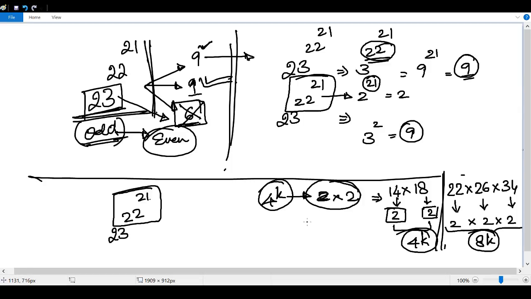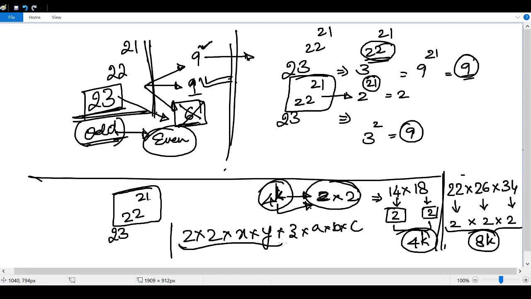So for me to know that a multiple of 4 comes only because of a 2 and a 2, no matter what else is there. So if I am saying 2 into 2 into x into y into z into a into b into c, this will always be a multiple of 4 because I already have generated my 4.